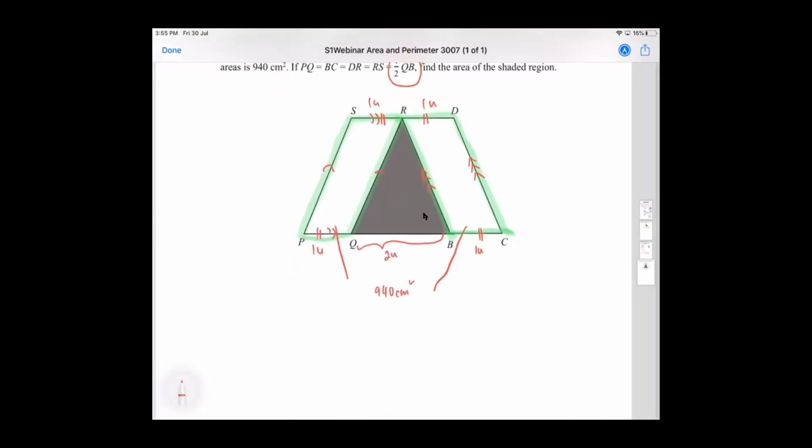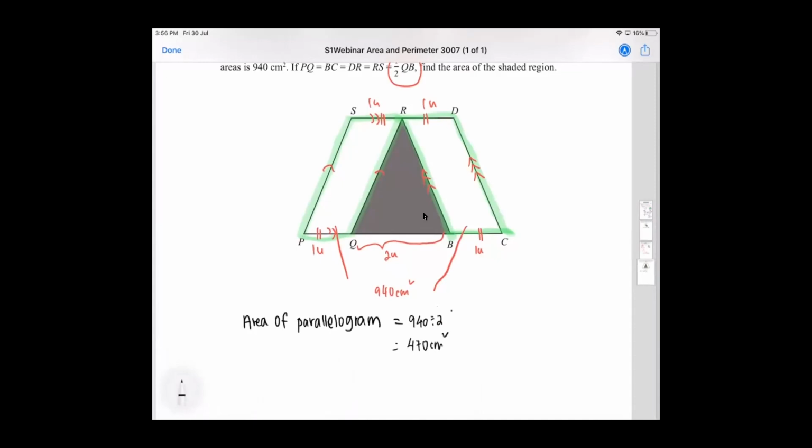Let's look at the area of the parallelogram first. We have 2 parallelograms, so we compare 1 parallelogram and 1 triangle. We take the total and divide by 2 to get 1 parallelogram first.